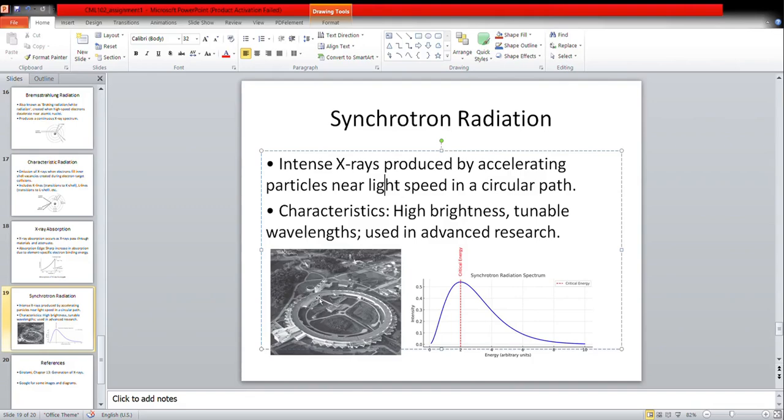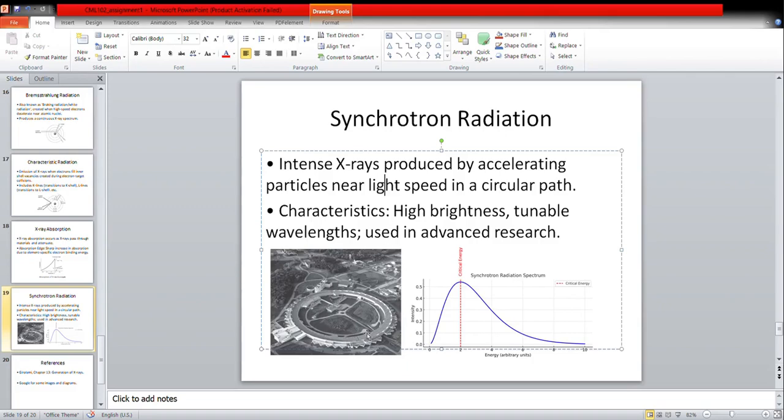the X-rays which are observed are called synchrotron radiation. What I mean is, if the charged particles accelerate near light speed in a circular path, the X-rays observed are called synchrotron radiation.